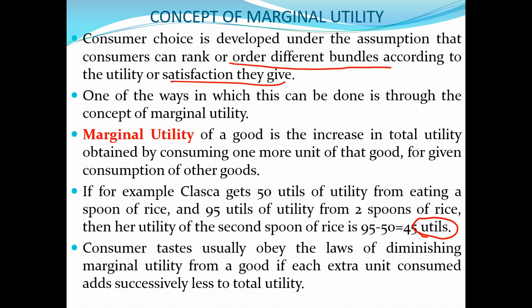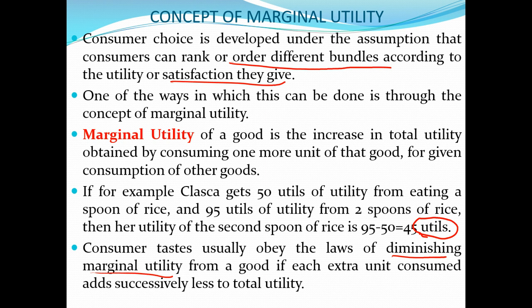But of course what we know is that as long as the good you're dealing with is a normal good, marginal utility should reach a given point beyond which your marginal utility starts falling. In short, consumer taste should obey the law of diminishing marginal utility.